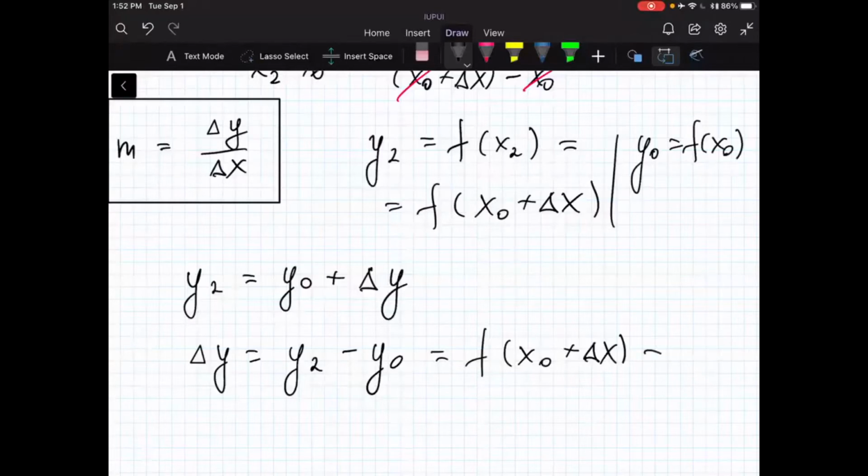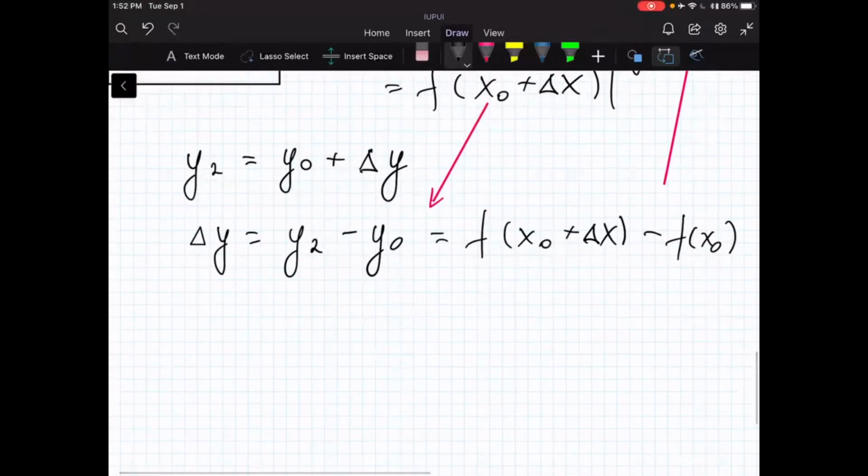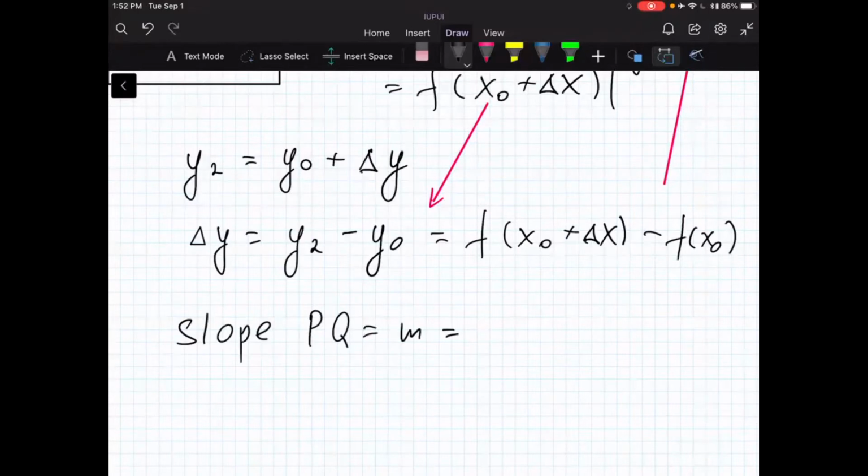So instead of y0, I'm plugging in f of x0. And so my slope, finally, the slope of PQ, which is m, can be calculated in the following form.